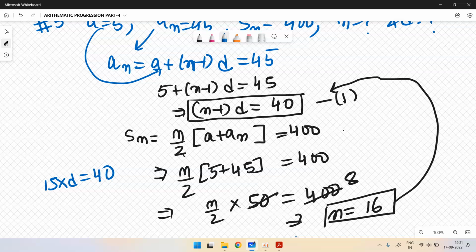So the d value is 40 by 15, which is nothing but 8 by 3 (3 fives are 15, 5 eights are 40). So d is 8 by 3. N is calculated and d is calculated; that is the answer.